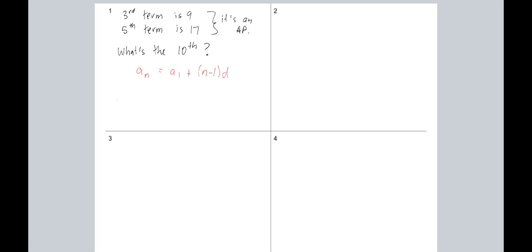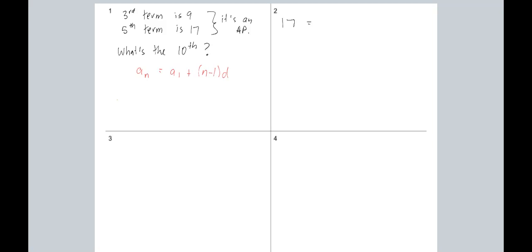What we can also do, though, is sort of restart our beginning. So in this instance, we could do something like this. We can say, well, 17 is the term I know is the fifth term, and the fifth term is 2 terms further away from the third term.